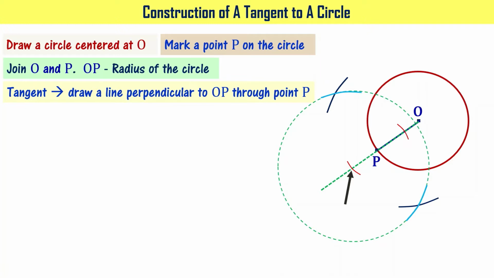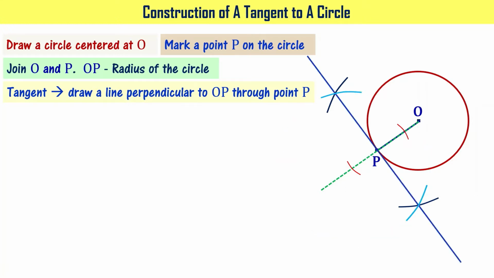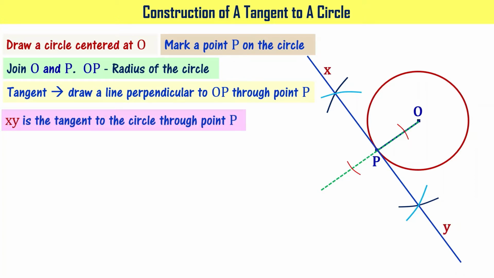As you see here, the arcs we have drawn just now are intersecting, right? Now let me draw a line passing through P and these two intersection points. That line I am calling XY. Line XY is the tangent to the circle through point P. This is what we wanted to do, right?